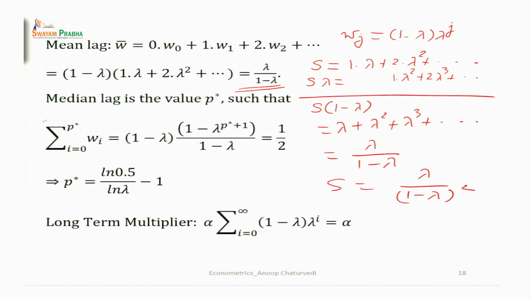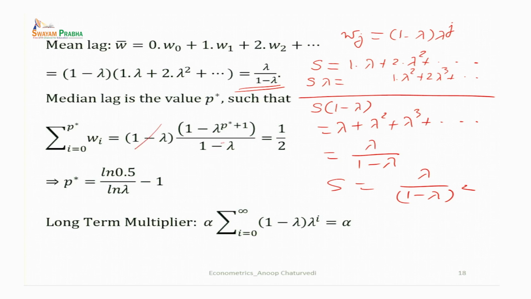So, basically you get a finite geometric series with the first term 1 minus lambda and common ratio lambda, and then you can easily add that finite geometric series, and then you obtain (1 minus lambda)(1 minus lambda to the power p star plus 1) divided by 1 minus lambda.